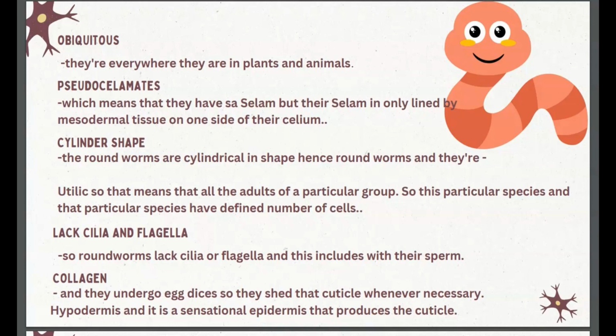It also protects them from their host's gut juices, the digestive juices. It protects them from any type of danger. So it serves two functions: protection and also elasticity. The nematodes have an epidermal layer called the hypodermis, and it is a syncytial epidermis that produces the cuticle.